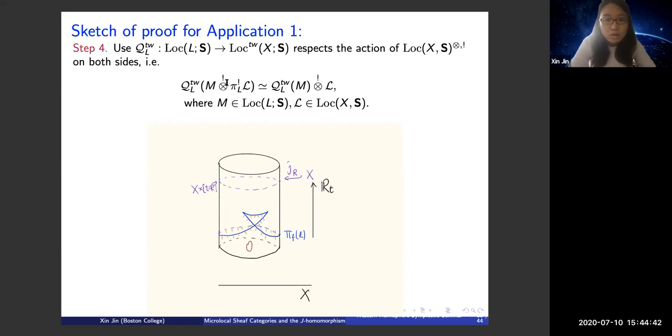The action of local systems on X is essentially just given by tensor with the pullback.